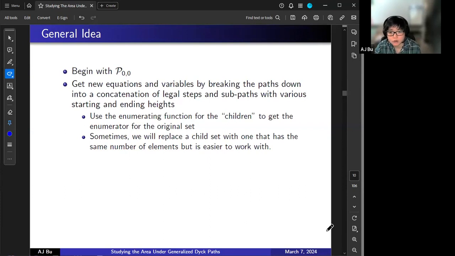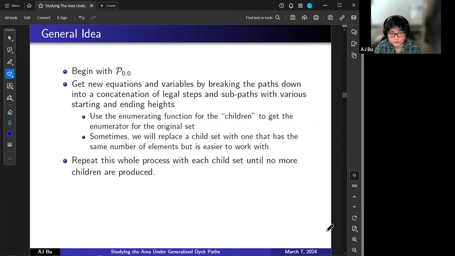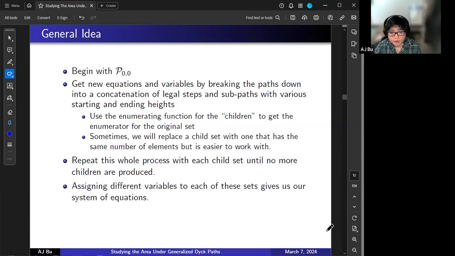And sometimes we'll replace one of these child sets with one that has the same number of elements but is easier to work with, which we'll see later. We're going to continue and repeat this process with each child set until no more children are produced. So then we're going to have an equation for each of these families of paths. And then we're going to assign different variables to each of these sets, and that's going to give us our system of equations. And we're going to use Gröbner bases to get the equation satisfied by P(t).